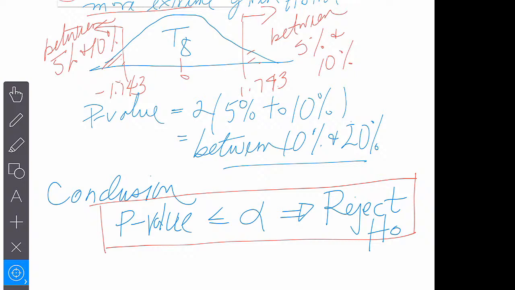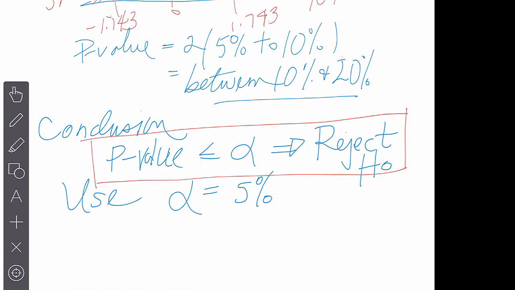Well, if its chance of appearing was only 5%, and it appeared, then we're going to say that's unusual. So use alpha, which is known as the level of significance, of 5%, unless I tell you otherwise.